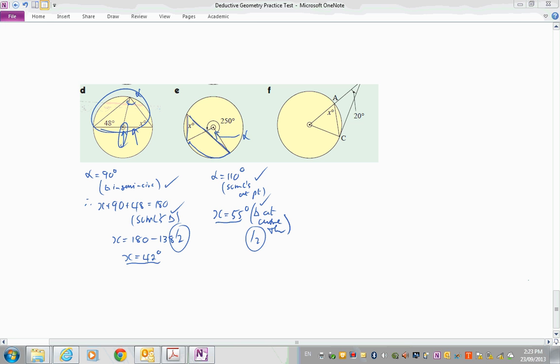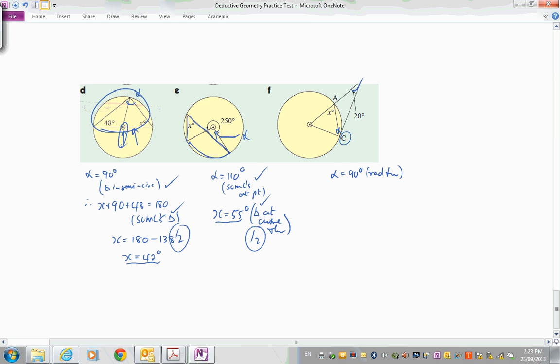Okay, so in this last one, let's have a look. We've got 20 up here, up the top. We've got the tangent radius theorem, so alpha in here will be 90 degrees, radius tangent theorem. And then with our 20, what can we say?